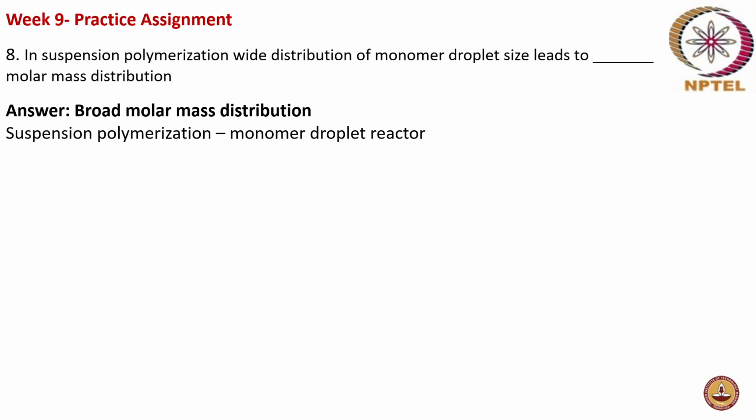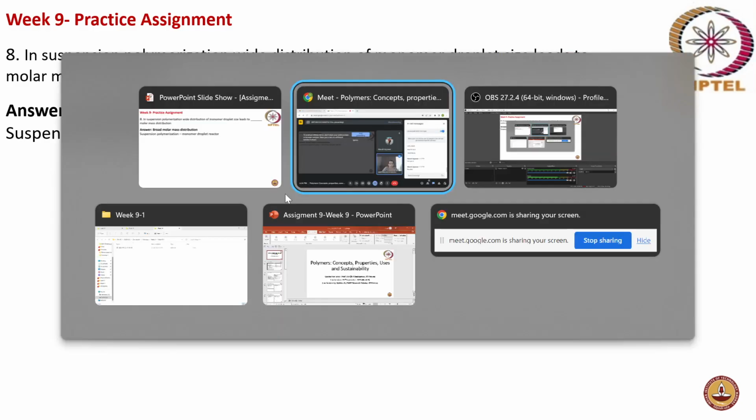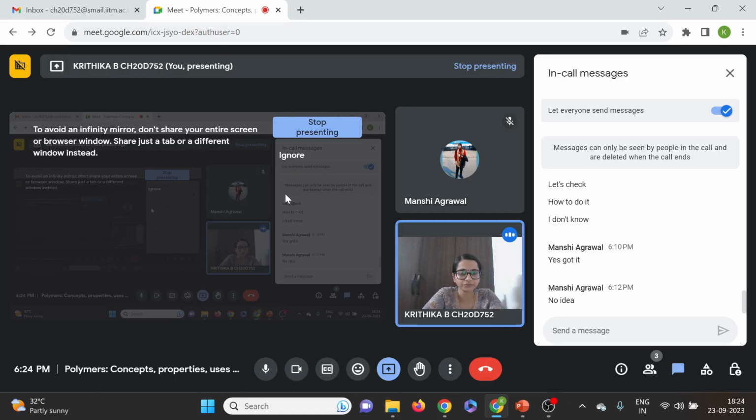So if you have varying monomer droplet size, for example from 2 to 100 micrometers, that means your polymer molar mass will also vary that much. That means you will end up with a broad molar mass distribution. Okay. I hope you got it. Yes, ma'am. Now I got it.